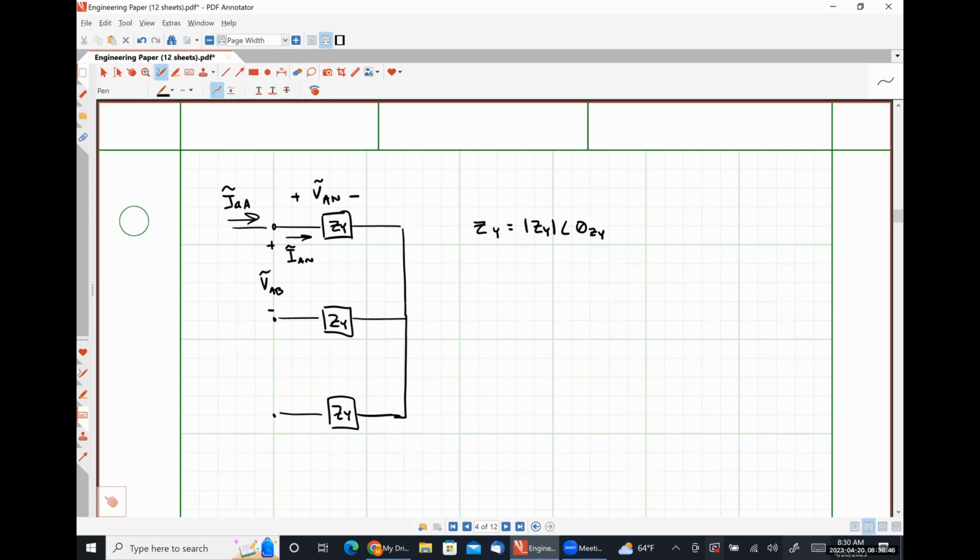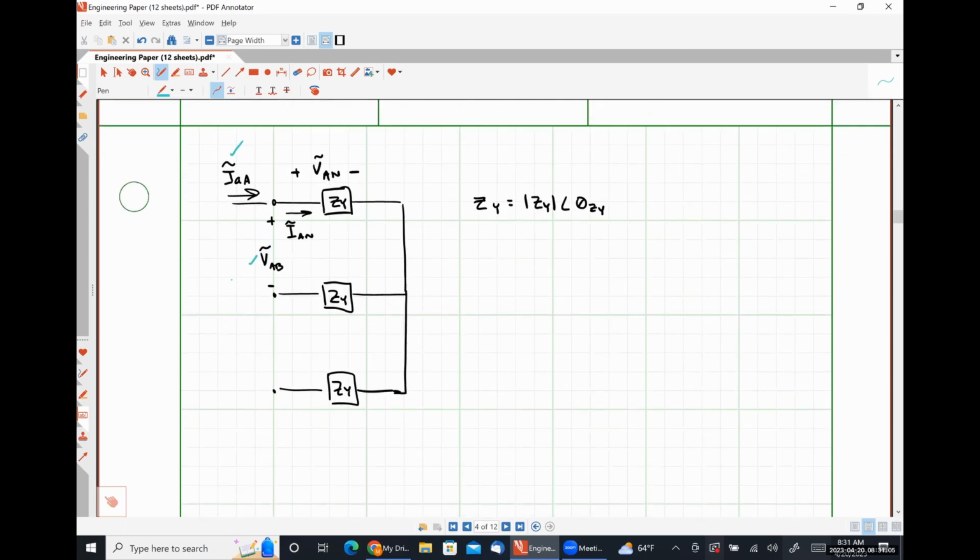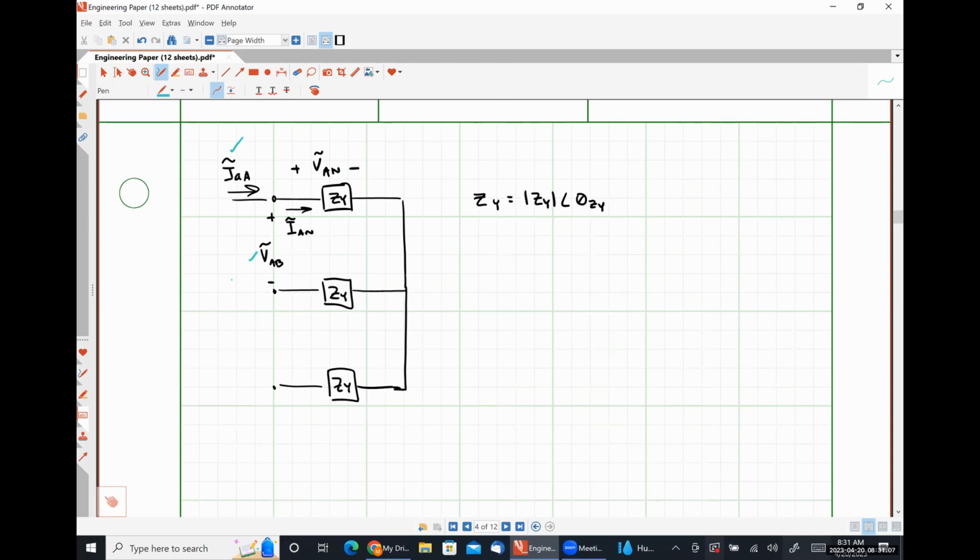Here's our voltage VAB. So just to be clear, these are the two things that we have access to when we have a wattmeter. Now we're trying to figure out the relationship between the difference of the angles between those two quantities and the difference of the angles between the voltage drop across our impedance and the current flowing through our impedance, right?